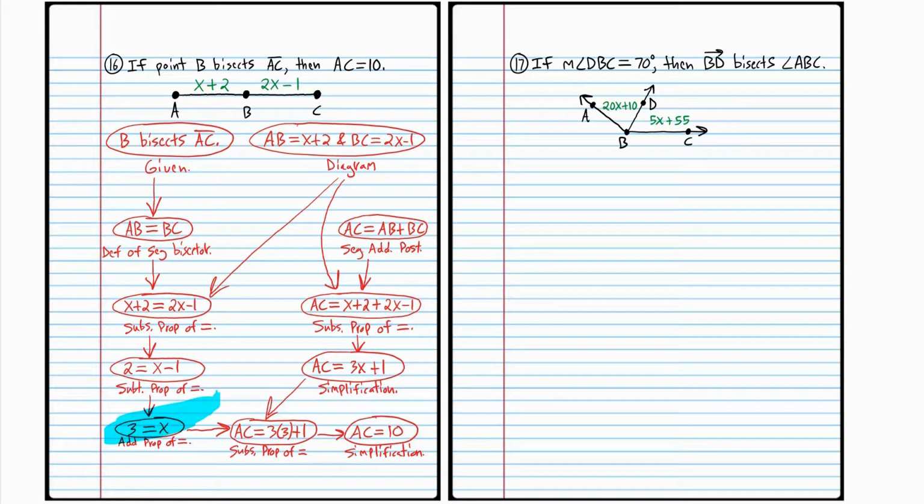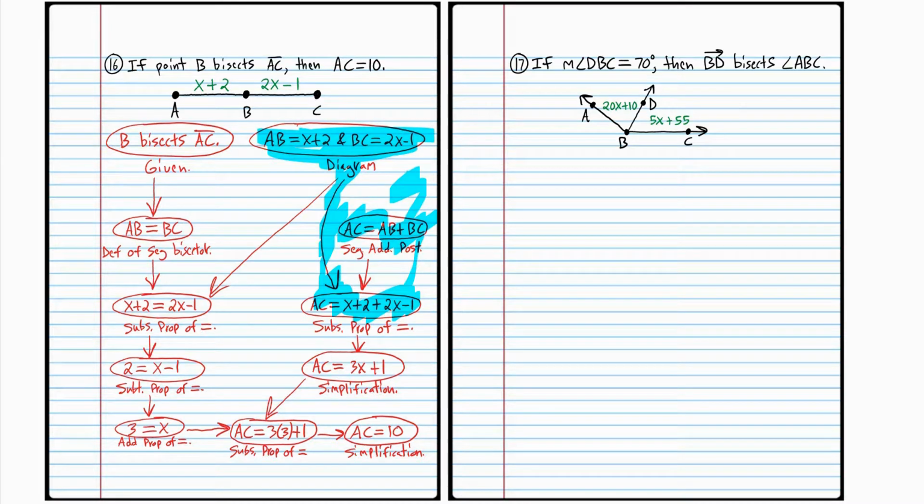And we also know by the segment addition postulate, which is kind of a separate piece of information there, that the total length AC is equal to AB plus BC. And we can just plug in these expressions here using this information.